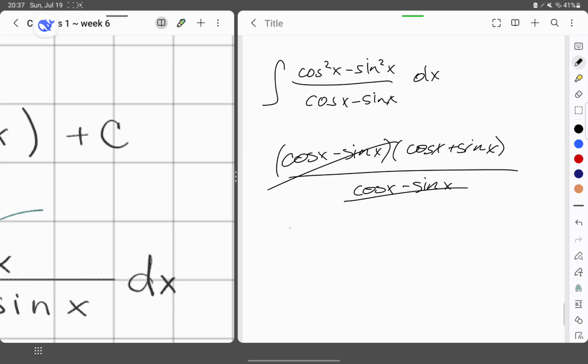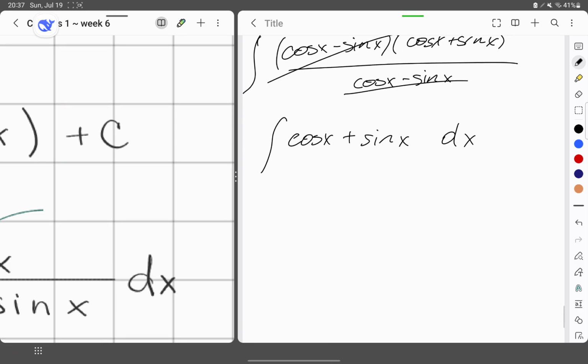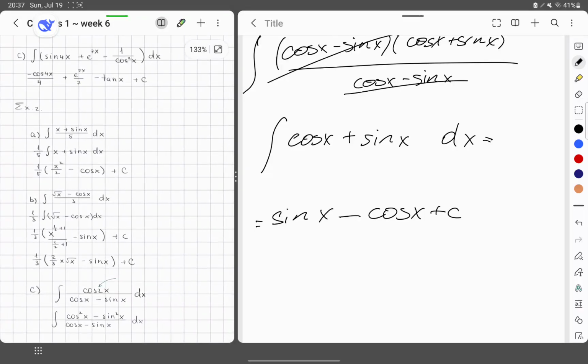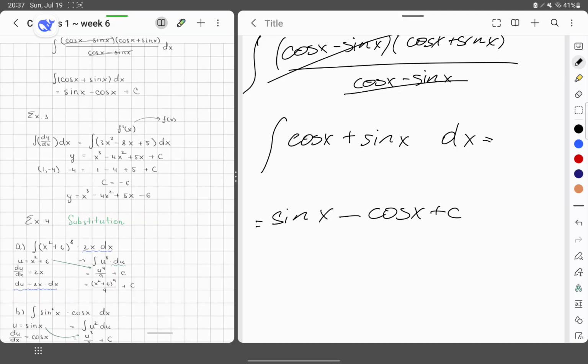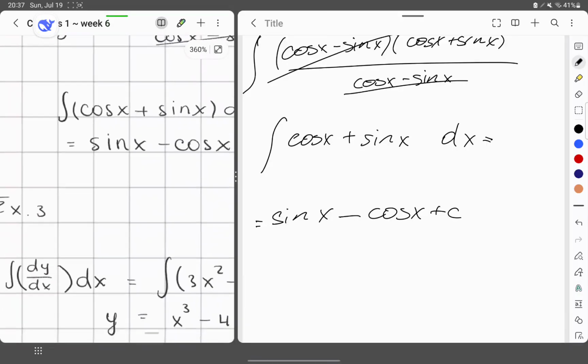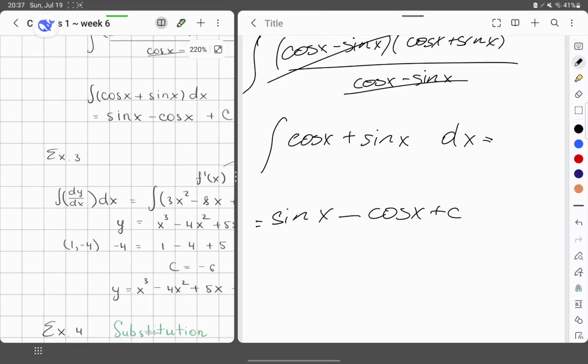Cancel them. That will be cosine x plus sine x dx. Cosine is always positive, so sine x. Sine is negative in integrals, negative cosine x plus c. Is that true? Sine x minus cosine x. Yes, that's true.